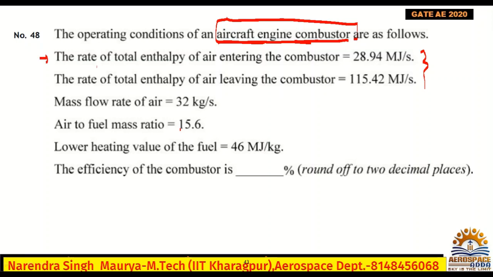Number one, the rate of total enthalpy of air entering the combustor is 28.94 megajoule per second. So this is the total enthalpy of air entering. Second, the rate of total enthalpy of air leaving. Better to say it's not air, better to say gas, because whatever leaves the combustor is not only air, it is air plus fuel, which is called gas.